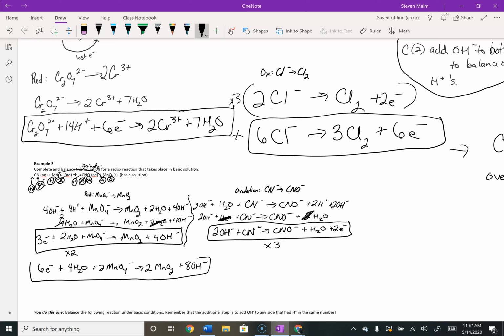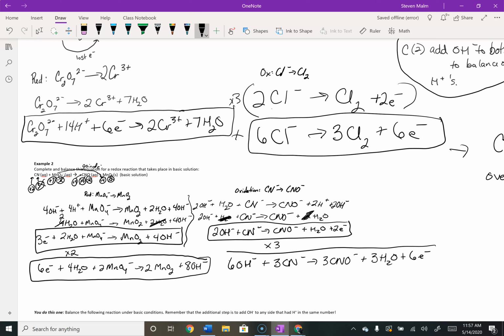So there's one of my reactions. And here's my other. 2 times 3 is 6 OH minus plus 3 CN minus makes 3 CNO minus, 3 H2O, 6 electrons. Alright, there's that. To be continued.